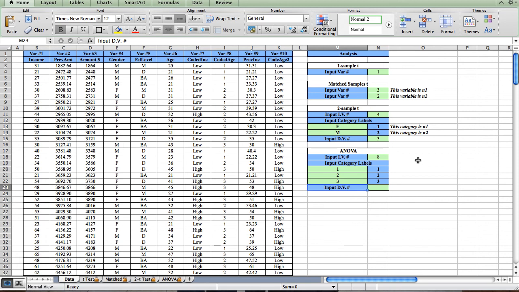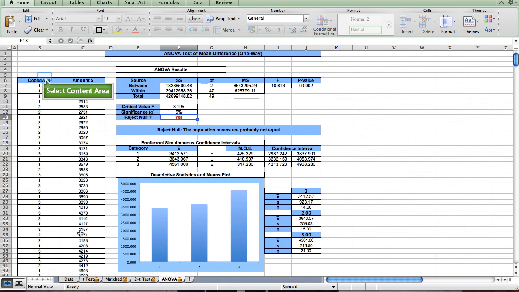These are my 3 treatments. In other words, I'm going to group my dependent variable into 3 separate samples: the low age, the middle aged, and the upper aged. The dependent variable here will again be the amount charged, which is variable number 3. So let's look at our ANOVA results.